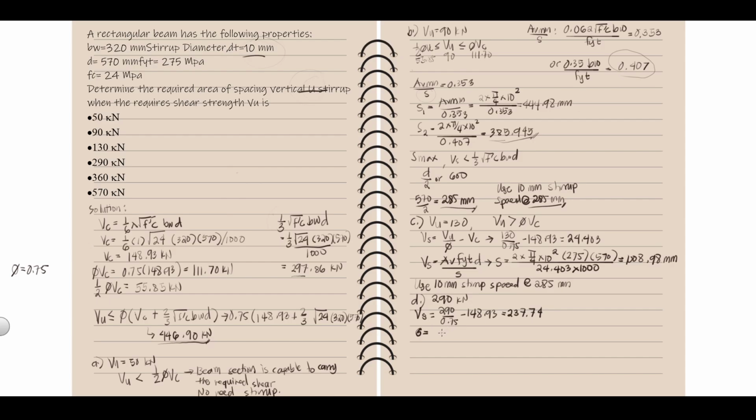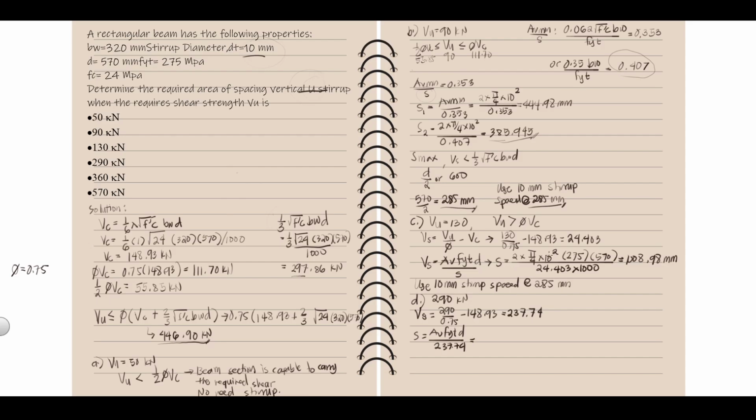Okay, so ano magiging S natin dito? That is the same, no? Ito pa rin, magbabago lang yung nasa baba. So, our S here, the formula, AV FYT D all over VS. So, that ang VS natin is 237.74.